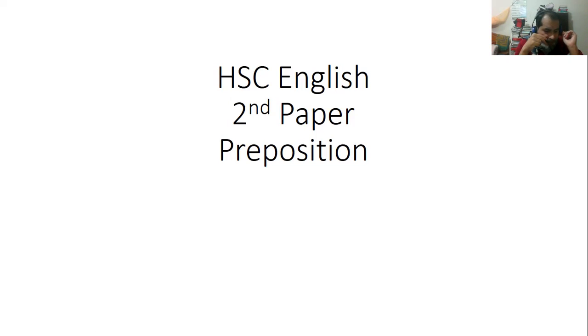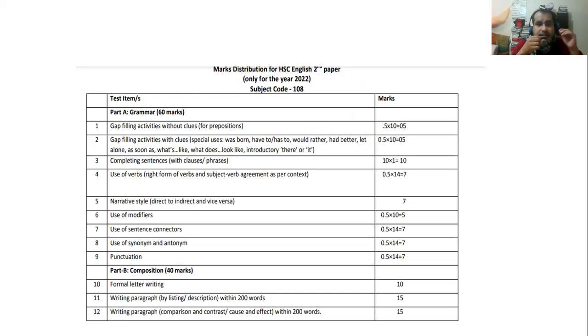Today we will also discuss the marks pattern, the question pattern of English second paper, and some preliminary talks on preposition. What is preposition, the purpose of preposition, and how to study this preposition for your exam. So let's move in today's discussion.